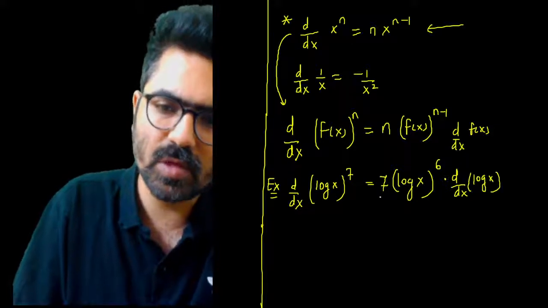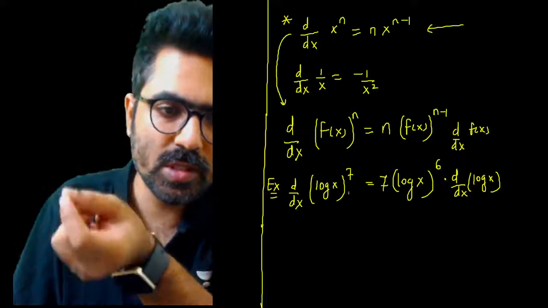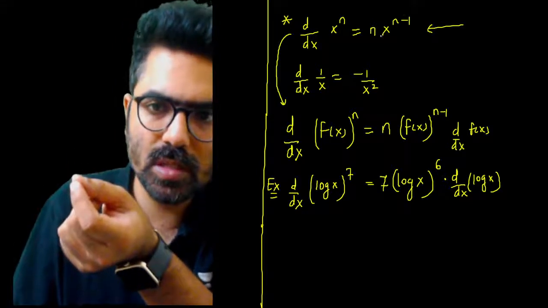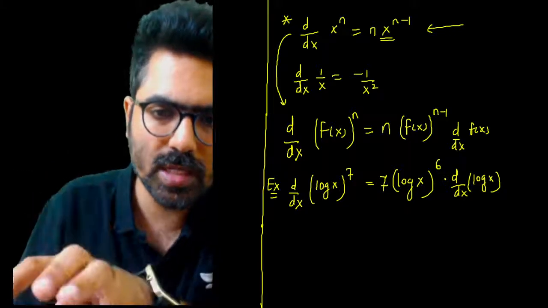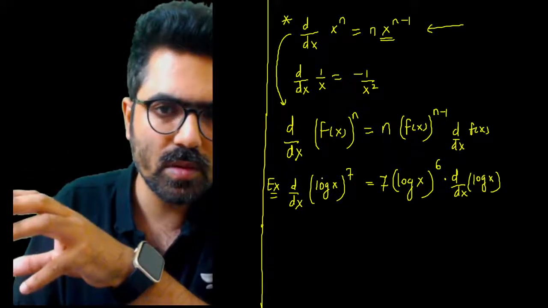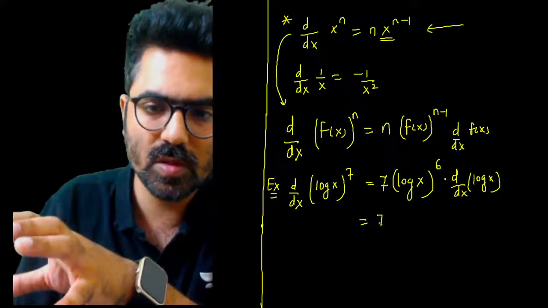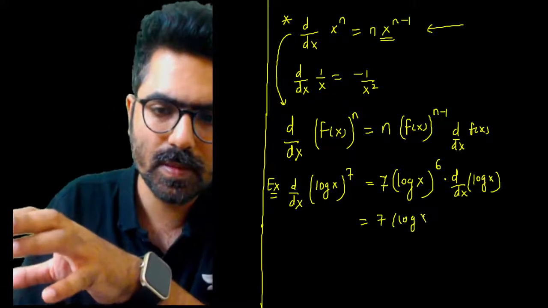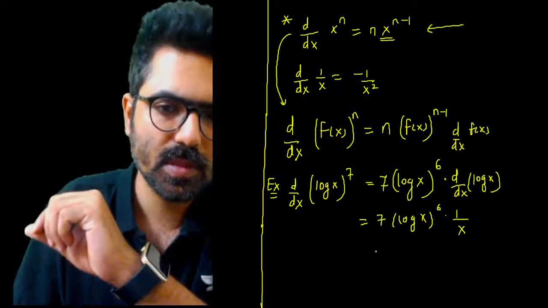Only the part which you have to additionally multiply is the derivative of that original function, because in this also we are multiplying the derivative of x, which is 1. So log x का derivative multiply करना है after applying the x power n का formula. So the final answer is 7 into log x whole power 6 into 1 by x. ये final answer.